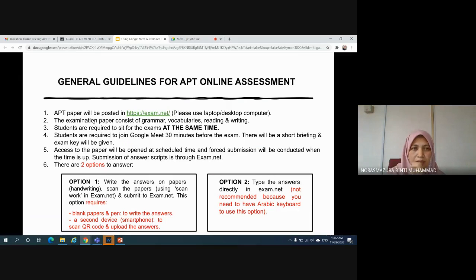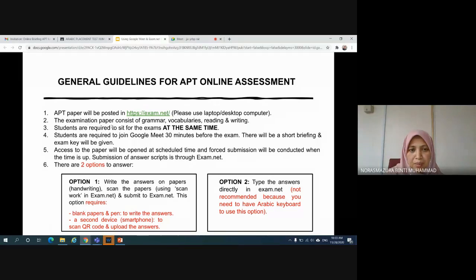Okay, this is the general guidelines for the APT online assessment. Okay, the APT paper will be posted on exam.net, so you have to use this one, HTTPS slash exam.net. Please use a laptop or desktop computer.